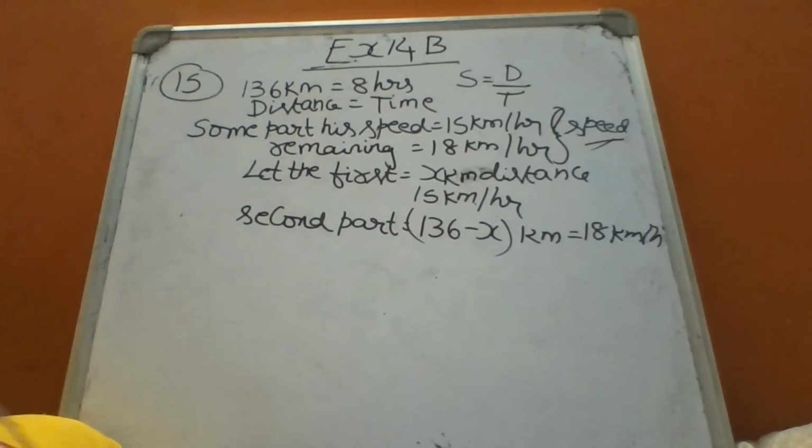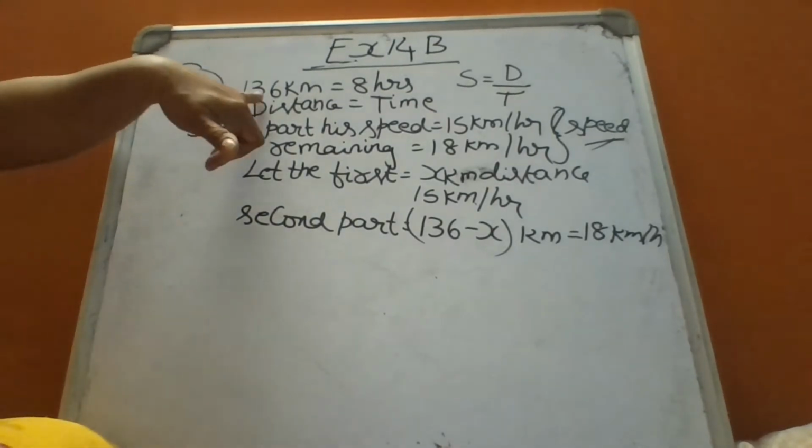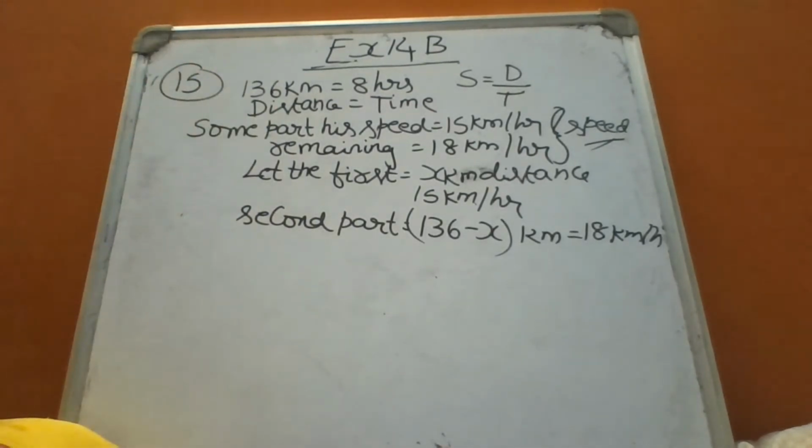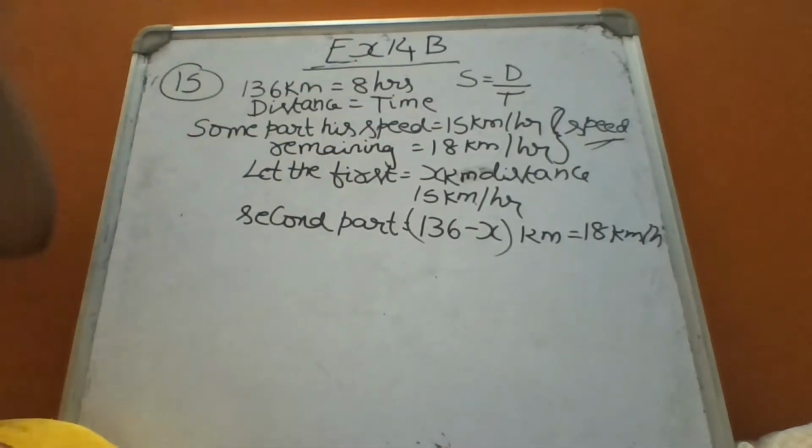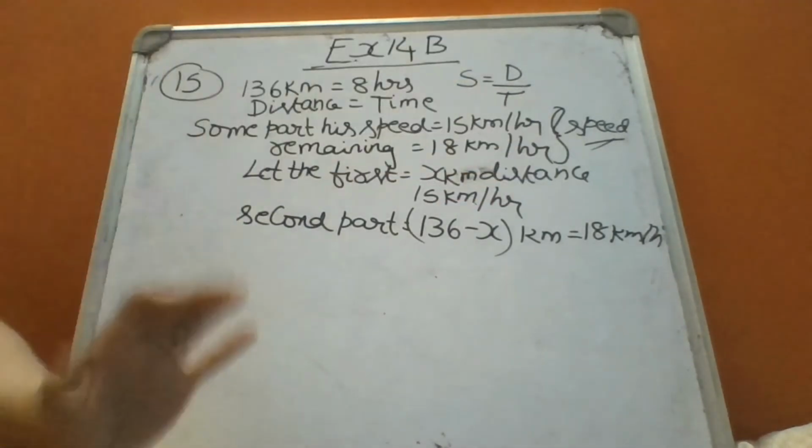I will just repeat it. The total distance a man has covered is 136 kilometer. He has taken 8 hours to cover the distance, and some part he has travelled in two different speeds. One speed, some distance he has travelled with 15 kilometer per hour.